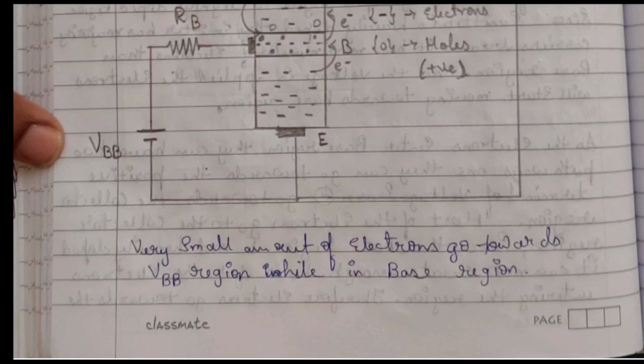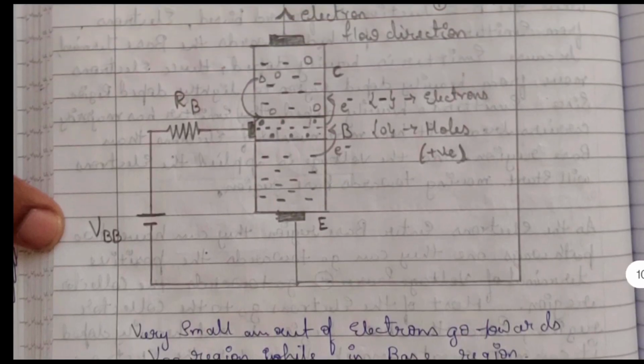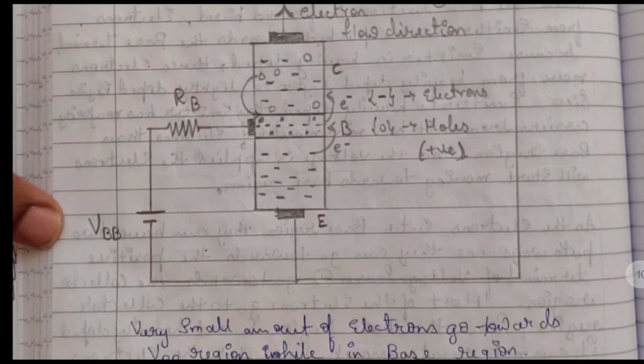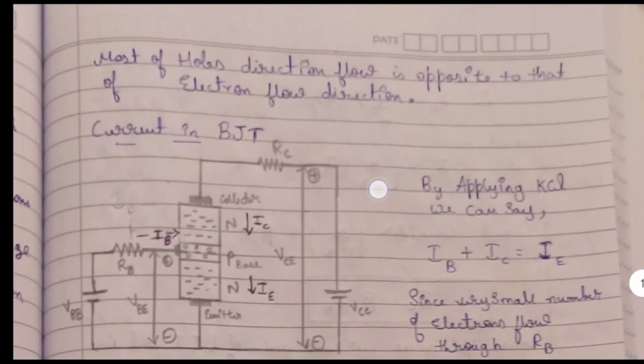while in the base region, as I mentioned earlier, there is a very small probability of electrons going towards the positive end of the source battery of VBB, and most of the holes flow in the direction opposite to that of the electron flow.